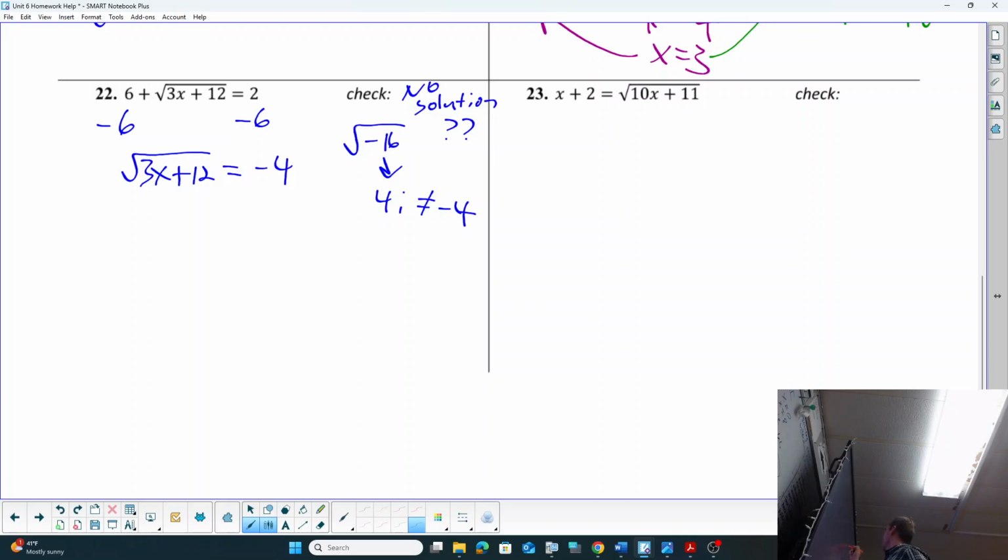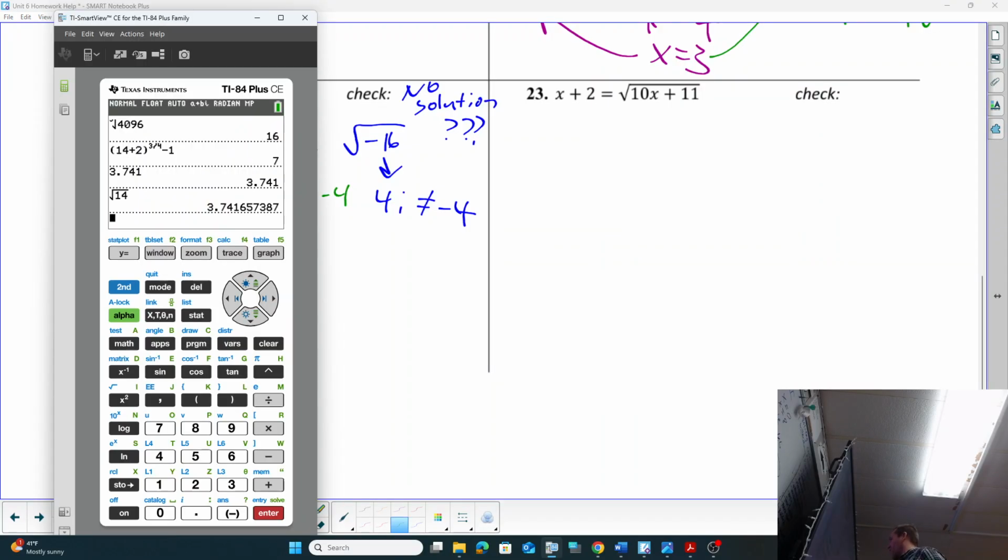Uh-oh. Let's give it a try. Okay, so we're going to go ahead and square both sides. I'll get rid of the root, so 3x plus 12. -4 times -4 is positive 16. Make sure on your calculator, because if you just do -4 squared, that'll actually give you -16.